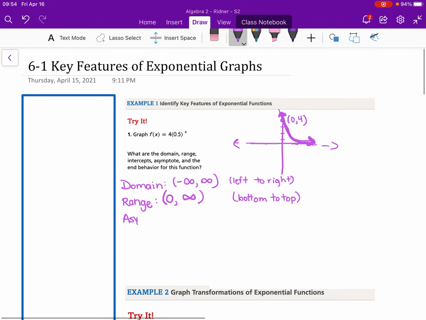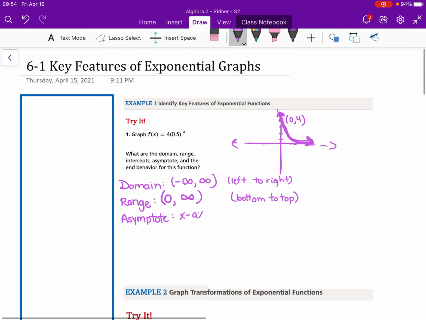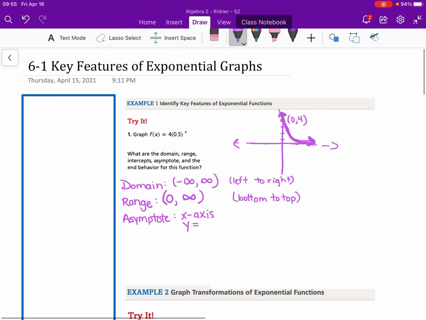The asymptote is the x-axis, and if we want to write the equation for the x-axis, that's y equals 0. So either one of those answers are acceptable. And so in end behavior, we've talked about it before, it typically confuses us, that's okay. We have to talk about two ways.